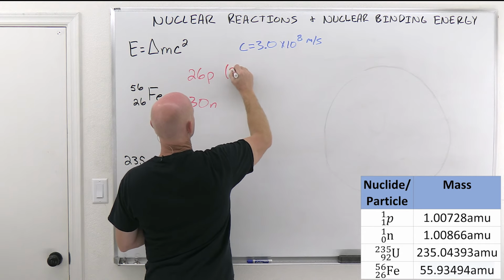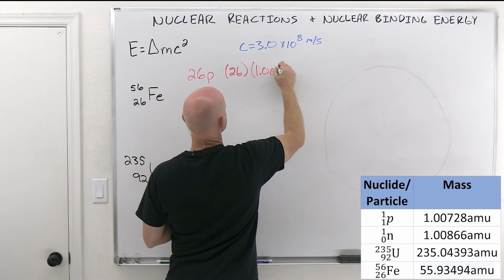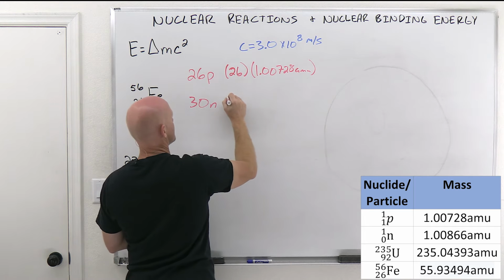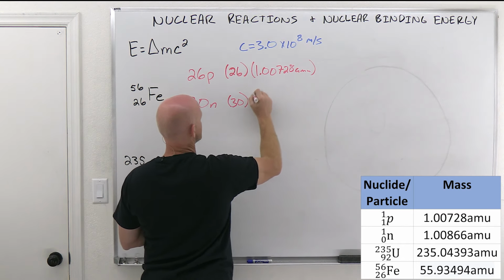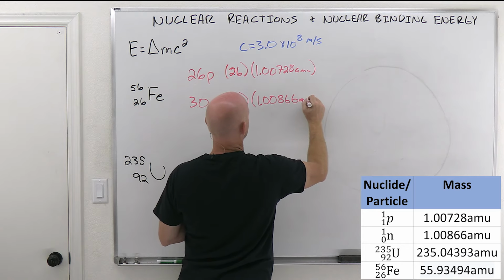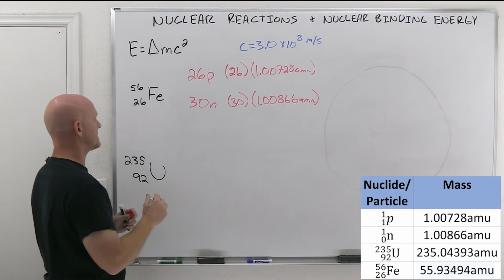So here we're going to take 26 times the mass of a proton, 1.00728 AMUs. And then we'll take 30 times the mass of an individual neutron, 1.00866 AMUs, and we're just going to total that up. And then we're going to do the same thing down here for uranium.